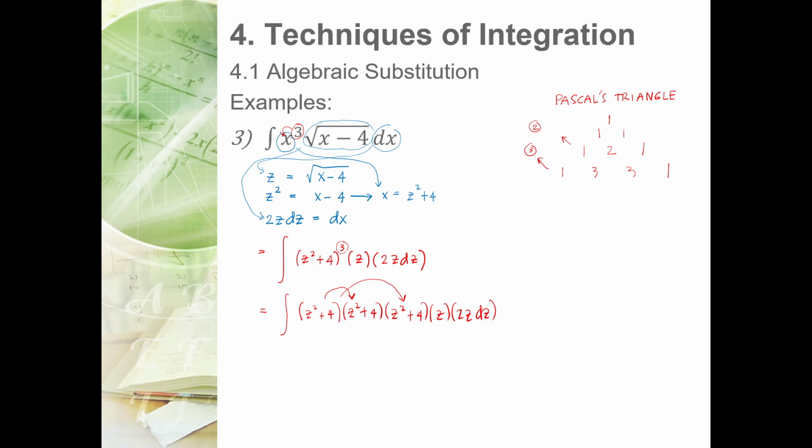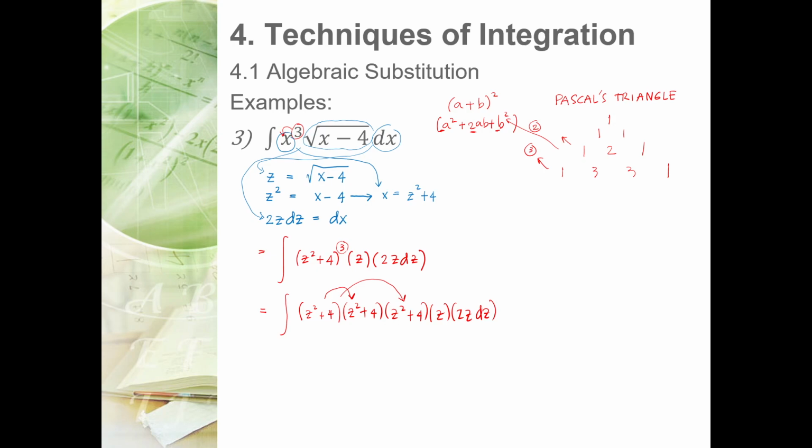So again, for example, you have a plus b squared. This gives us a squared plus 2ab plus b squared. So the coefficients here are 1, 2, 1.